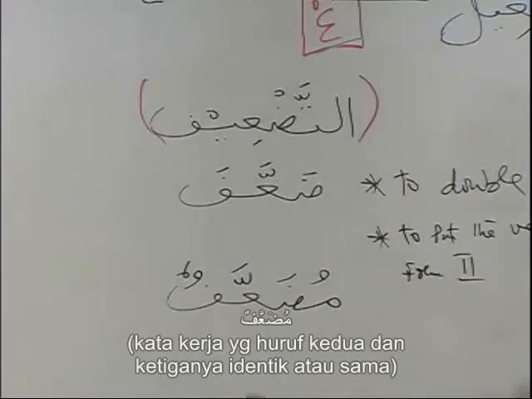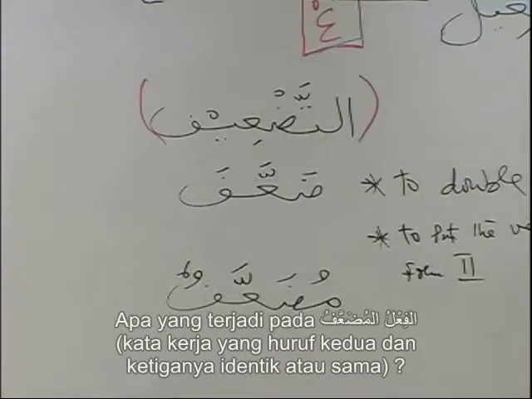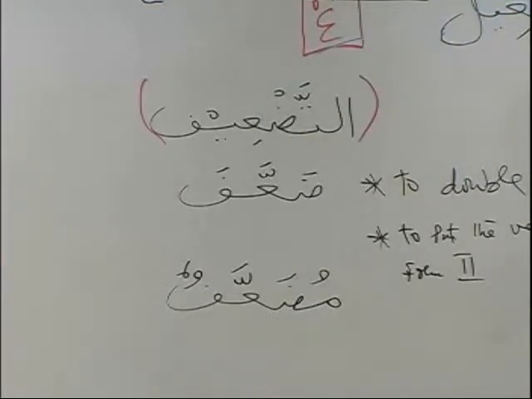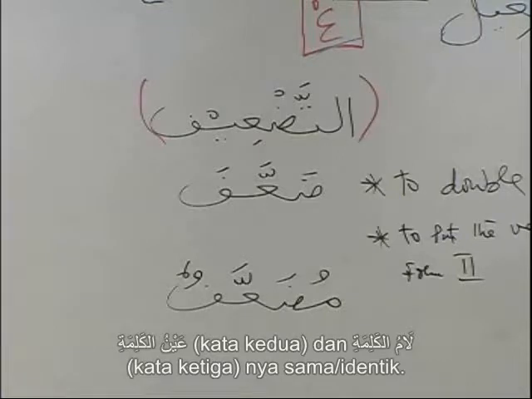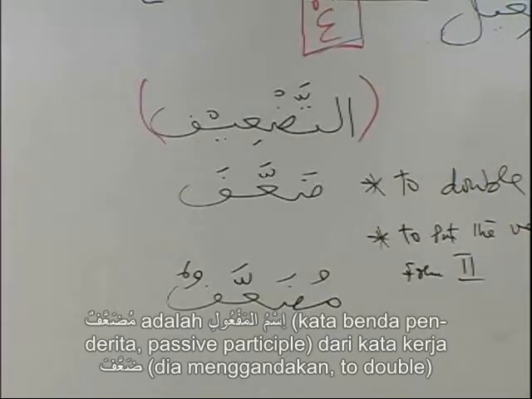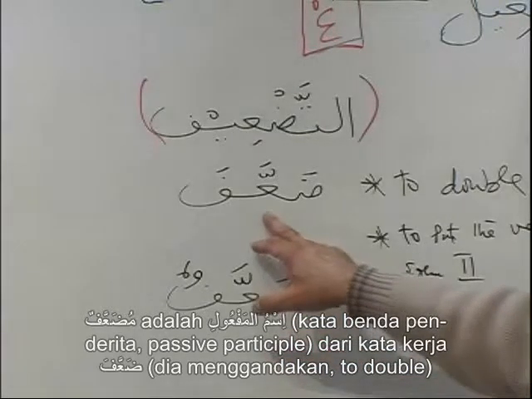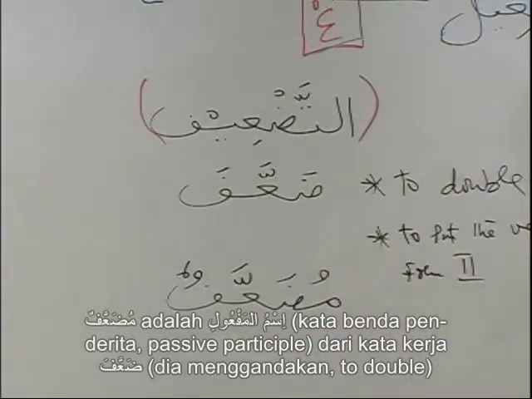Mudaaf. What happens in a fi'l mudaaf? Ain and lam are identical. We get the second radical and the third radical the same. Are you with me? So mudaaf is an ism maf'ul from da'afa, which means to double.